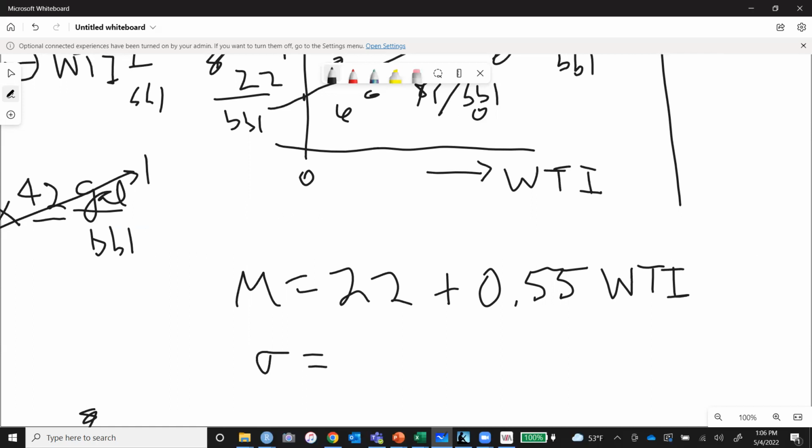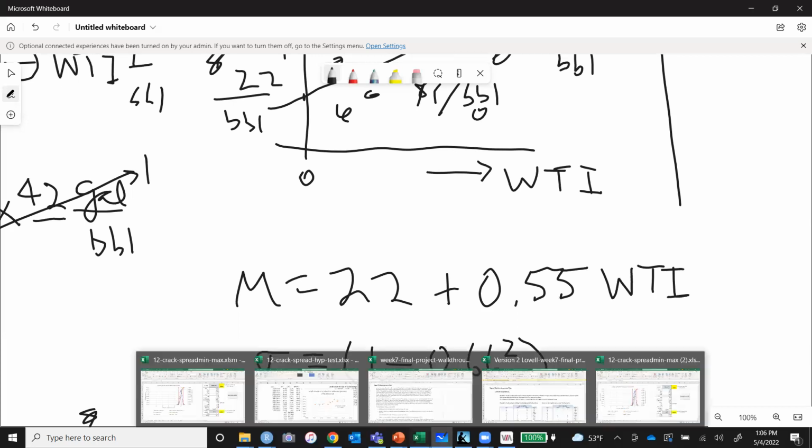But sigma ends up being whatever happens to be the correlation, which happens to be 0.66. And I've already forgotten. Let's go back to the spreadsheet just to see what that number was.